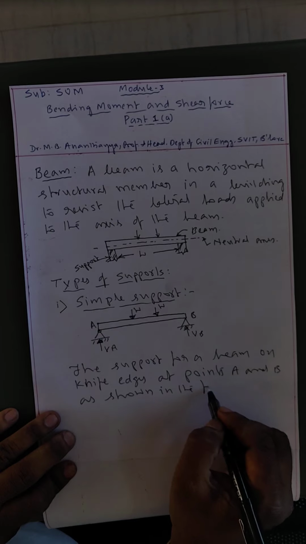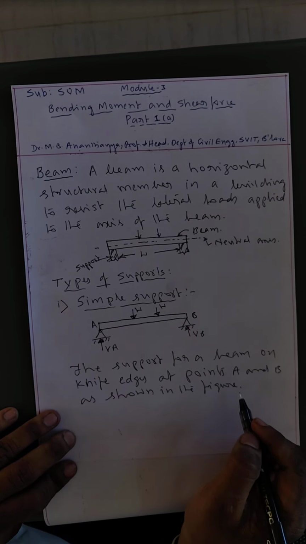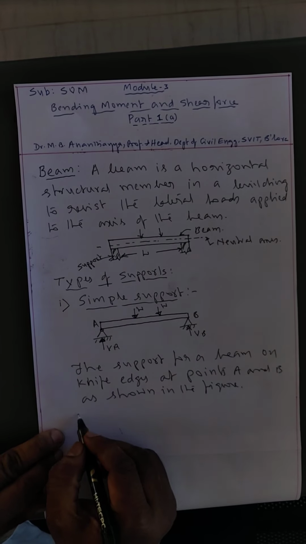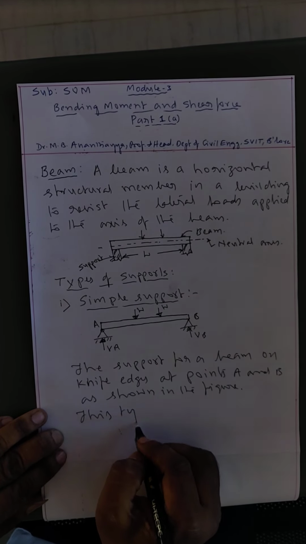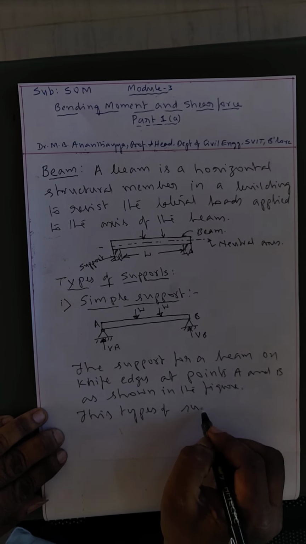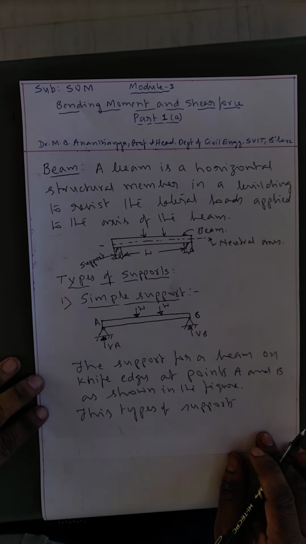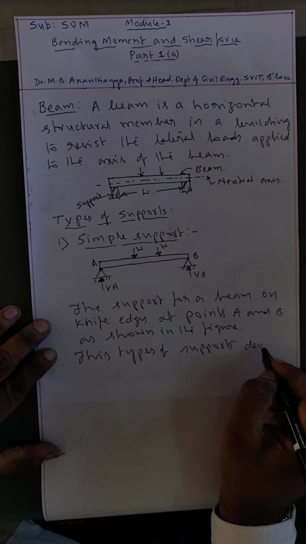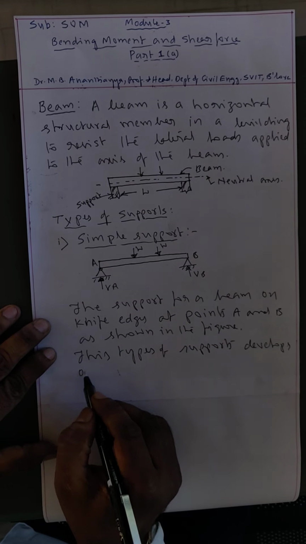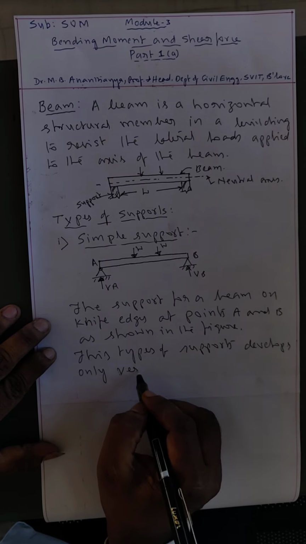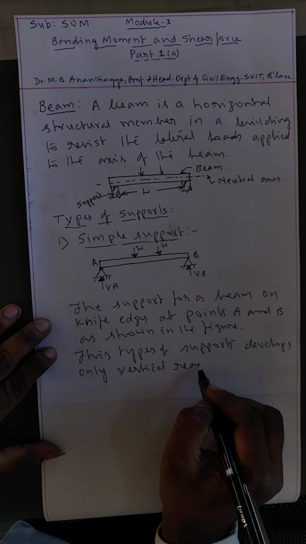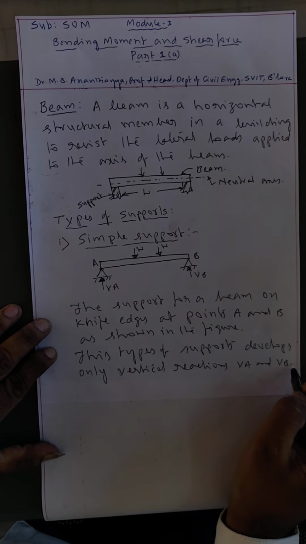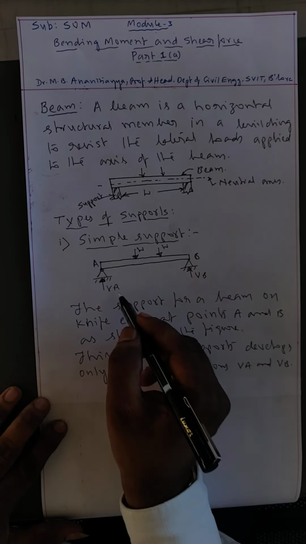This type of support develops only vertical reactions VA and VB.